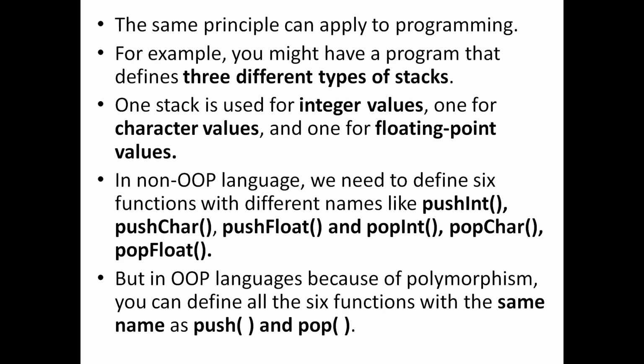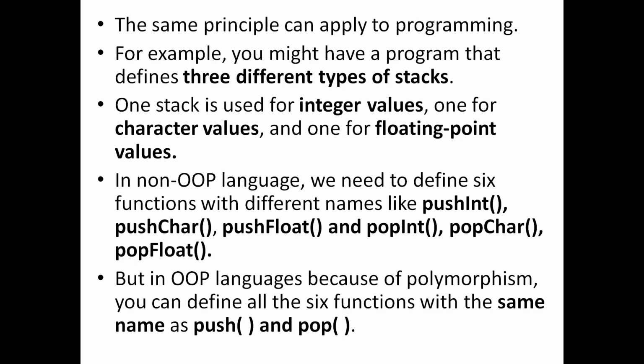But in C++, with the help of polymorphism, we can simplify this. What is simplified is that we still have to implement 6 functions. That is not changed. You have to implement all the 6 functions so that we can manipulate the 3 different types of stacks.